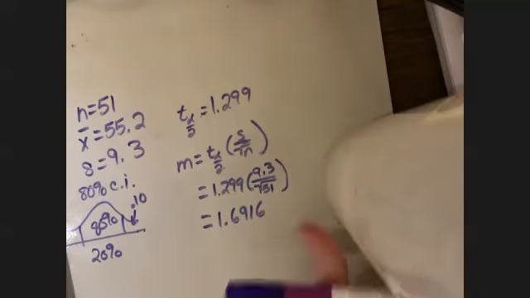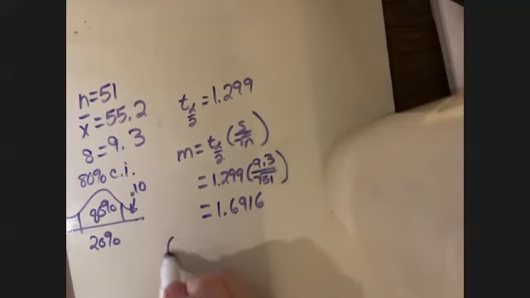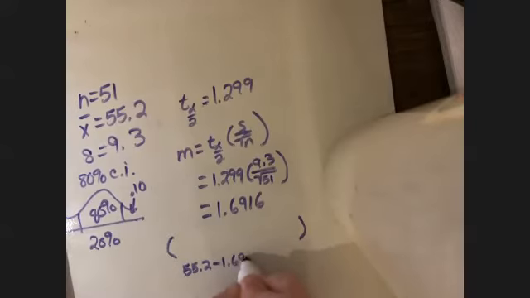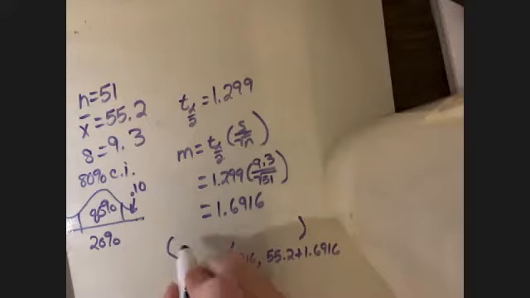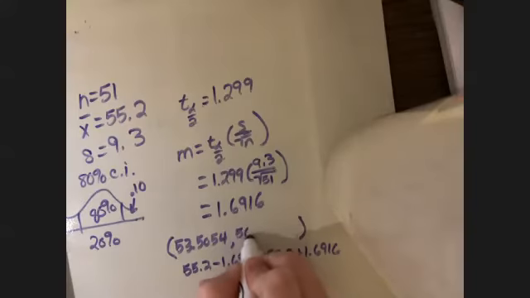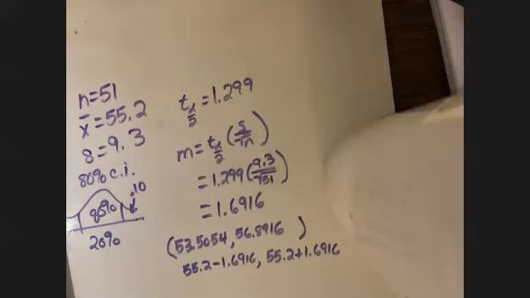Okay, so now to create our confidence interval, we're going to take our 55.2 and subtract that 1.6916, and we're going to take 55.2 and add 1.6916. So we're going to wind up getting 53.5054 to 56.8916. Okay, so there's how we got our confidence interval for that one.